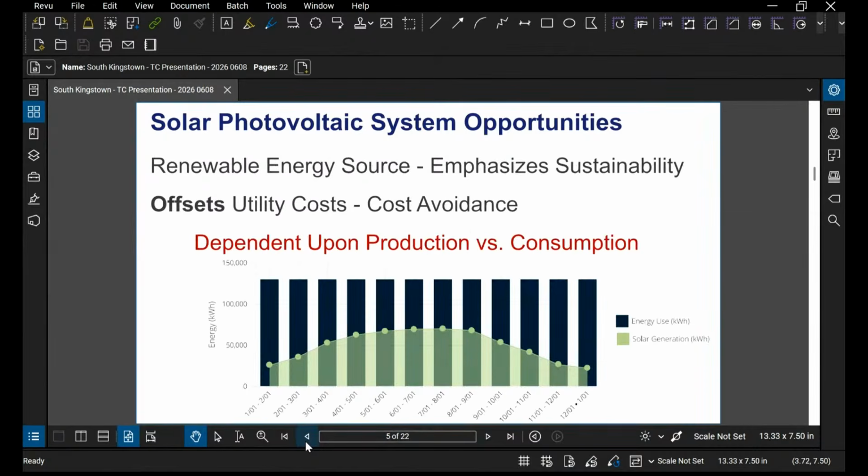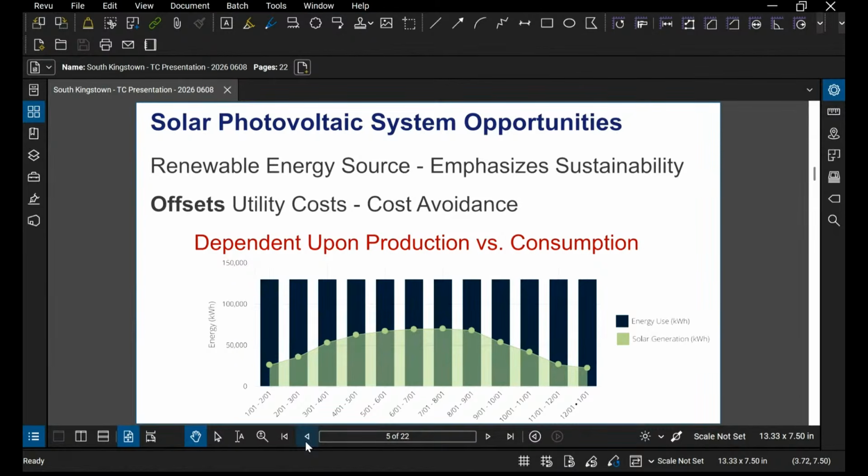So what are the opportunities to add a solar array to the top of South Kingstown High School? Well, it certainly emphasizes sustainability. It's a renewable energy source. But I want to be very clear that the intent would be to offset utility cost. This is not a way to achieve zero energy costs. This is to offset cost avoidance.